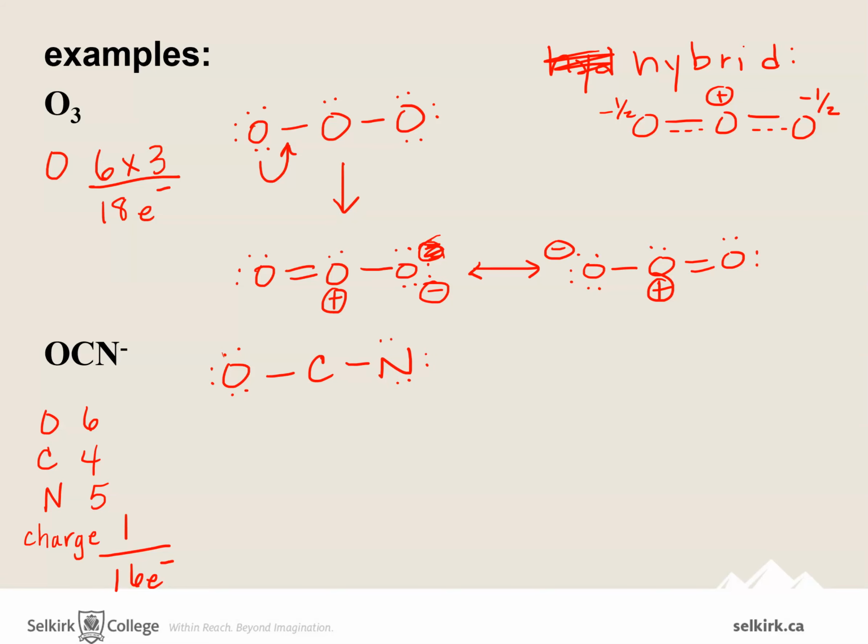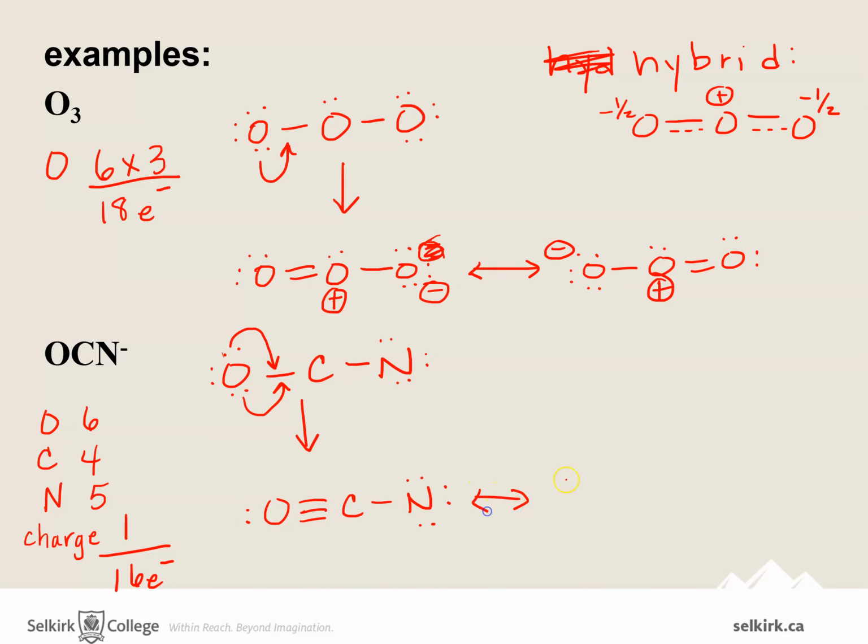So rule number 4 says I have to make some multiple bonds. Now that carbon needs 2 more pairs. Where are they going to come from? I have a choice. This is my cue to draw resonance forms. I could give both bonds from the oxygen, which would leave me with a structure like that.